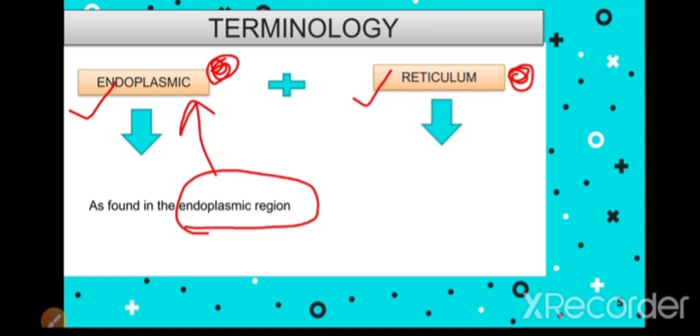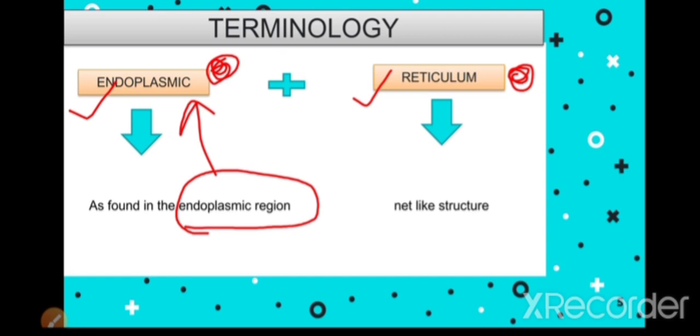Second one, what is the reason why it is called reticulum? Remember, when Potter observed it under the electron microscope, it looked like a net-like structure in the cytoplasm.